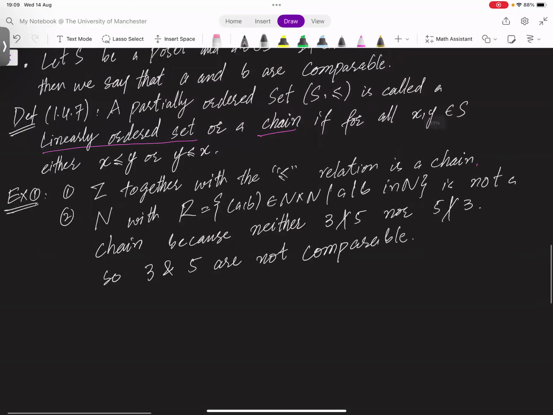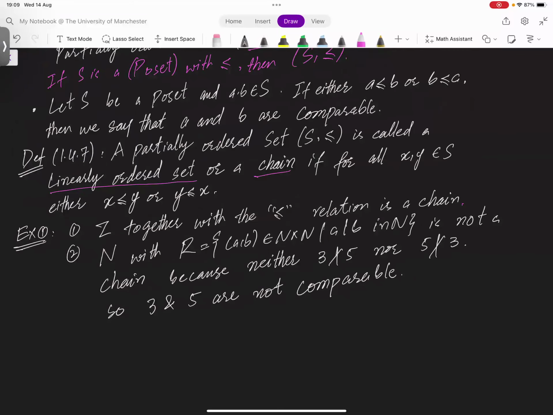Remember, this sign over here is not just a less than or equal to sign. It is the sign which defines the property in the relation. In Z, the relation we have is that we take two elements, we create an ordered pair, and then we say A is less than or equal to B in Z. That's why we have Z as a chain.